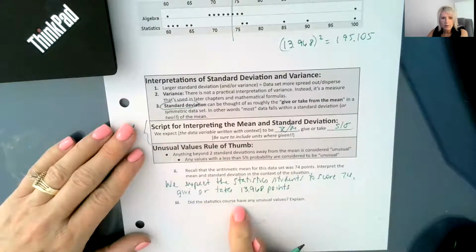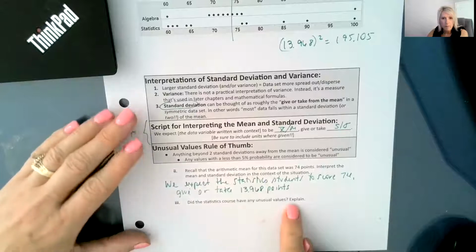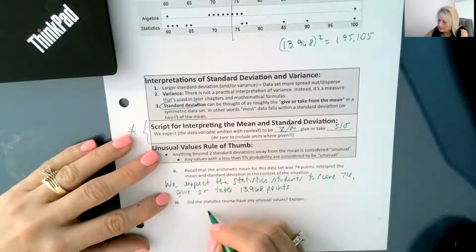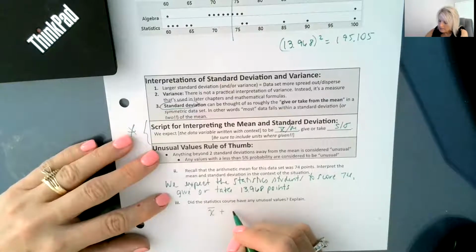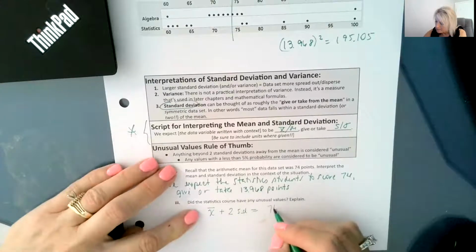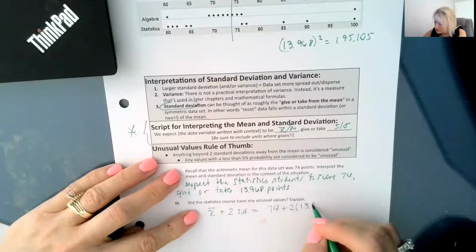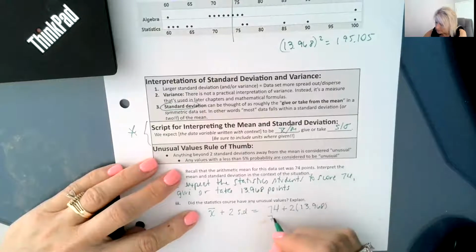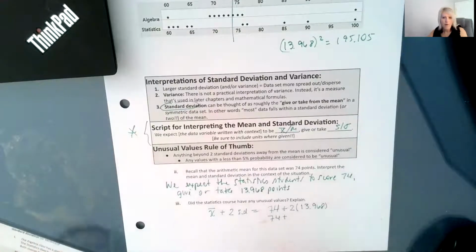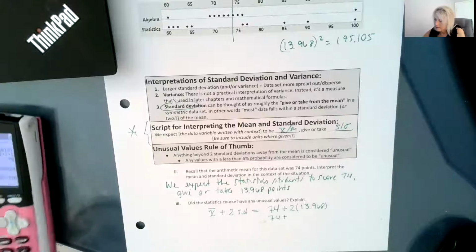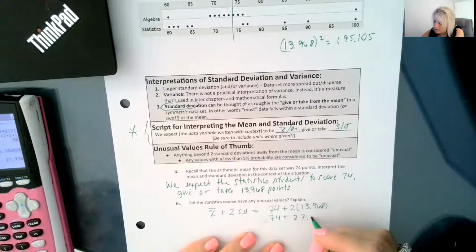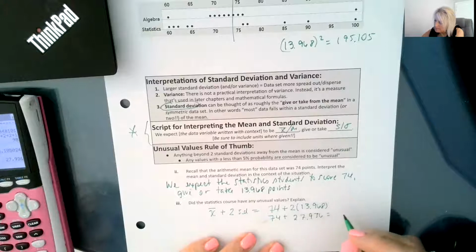Did the statistics course have any unusual values? So if my mean plus 2 standard deviations, what would I get? That would be 74 plus 2 times 13.968. 2 times 13.968 is 27.936.